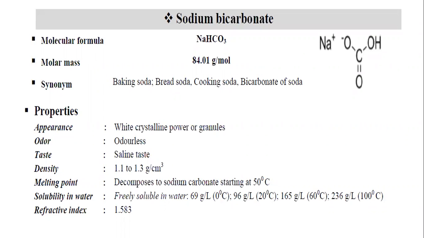At room temperature, say 20 degrees centigrade, 96 grams can dissolve in 1 liter of water. When you heat it to 60 degrees centigrade, the solubility increases. It is 165 grams. And if you heat it to 100 degrees, then it further increases. It is 236 grams per liter. So this is how the solubility depends on the temperature.